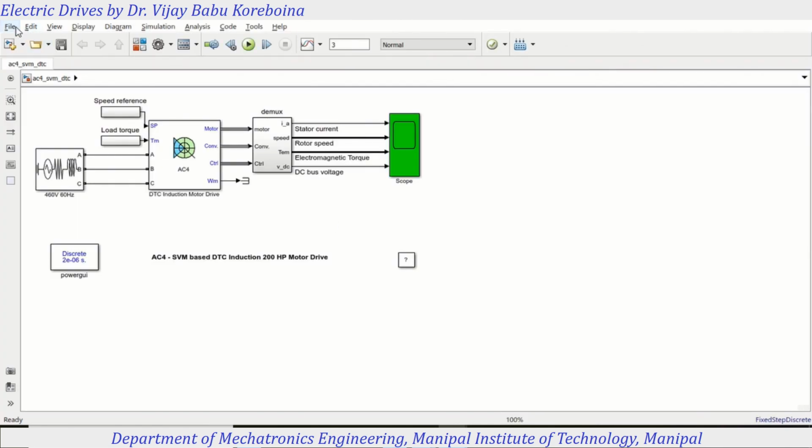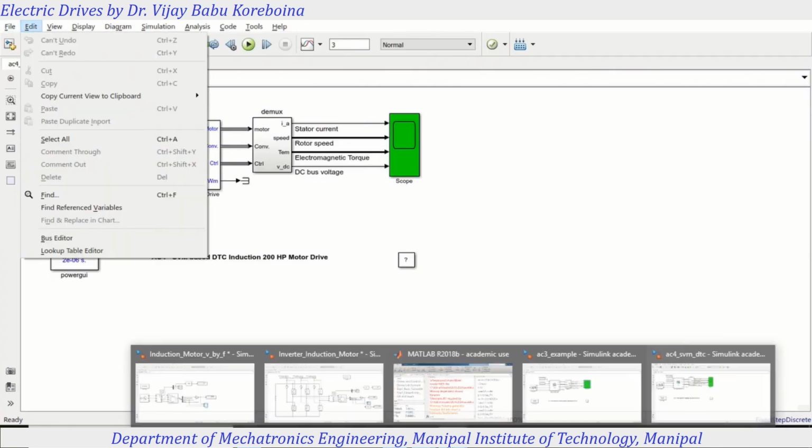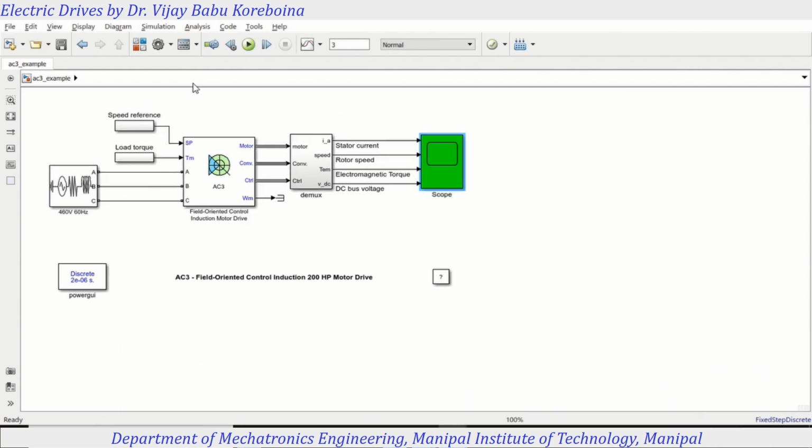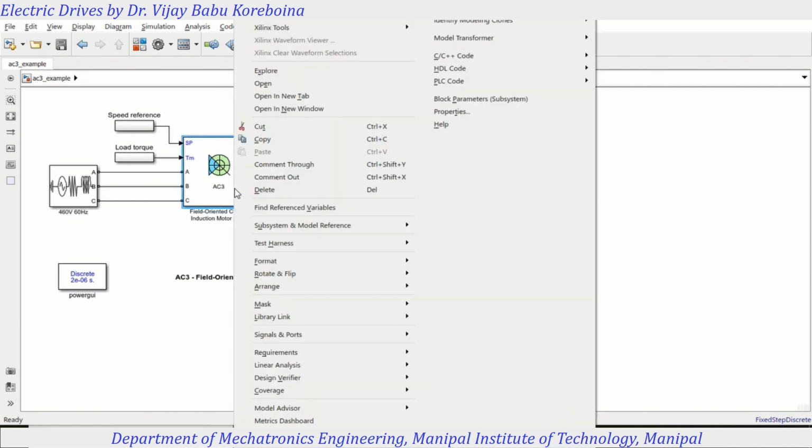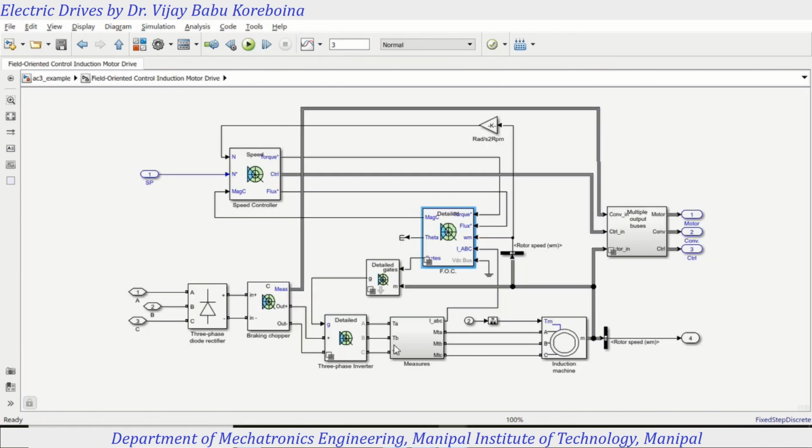Now we can take an example for the FOC. You can see AC3 is an example for FOC, field oriented control. Here there will be a flux estimator and everything. So this is the FOC controller.